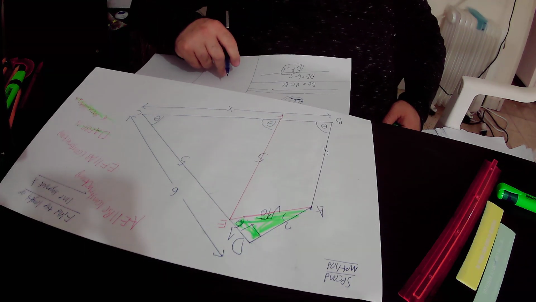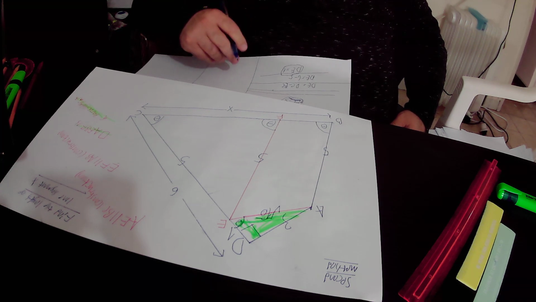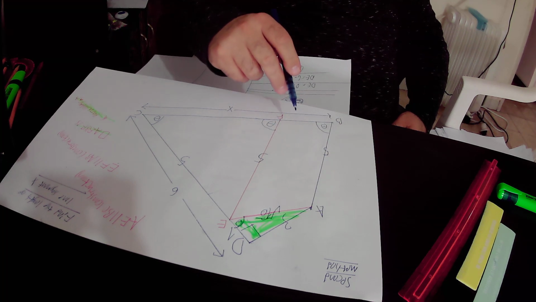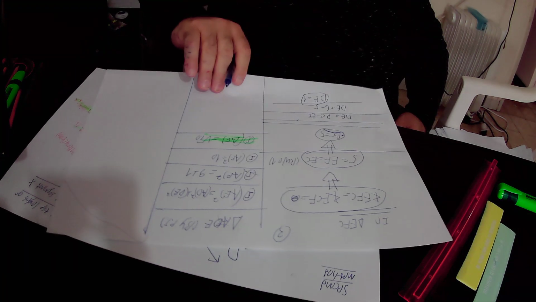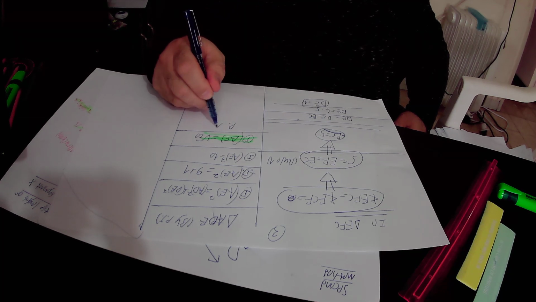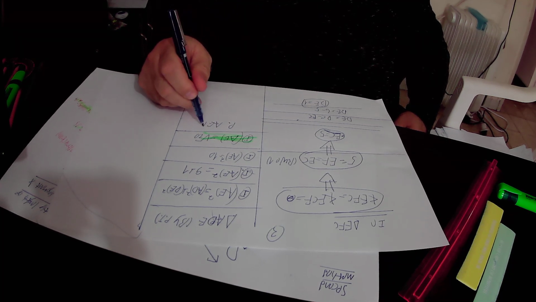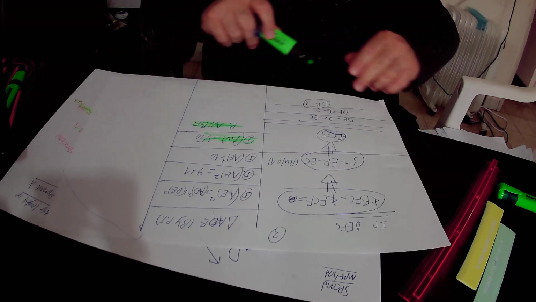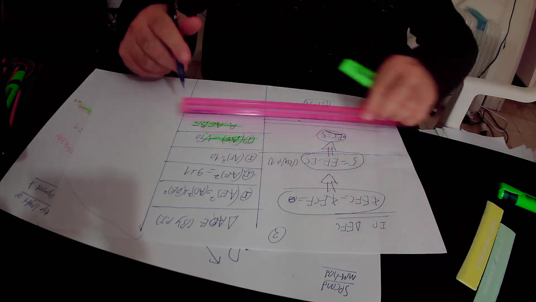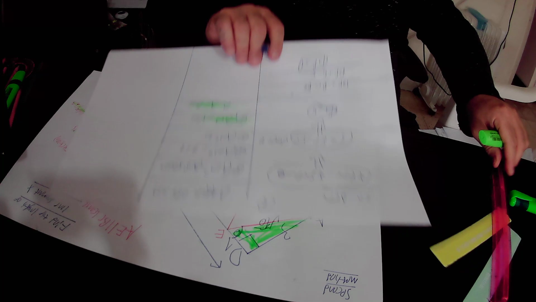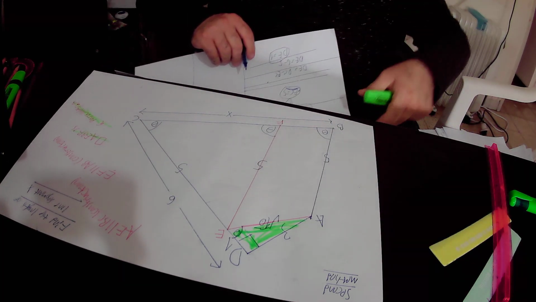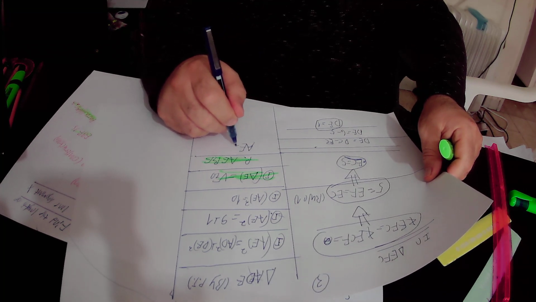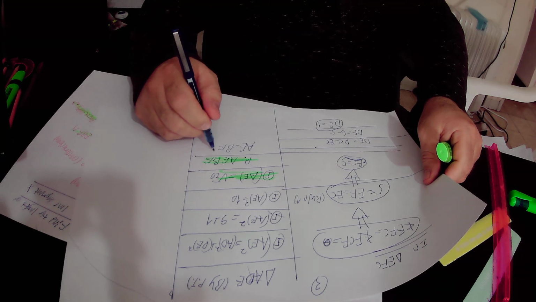Now, according to rule number 4, the opposite sides of a parallelogram are equal to each other. So in parallelogram AEBF, we will get that AE is equal to BF, according to rule number 4.